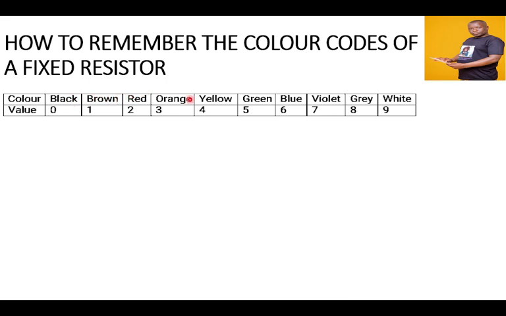So how can you easily remember these colors? Like, you tried in Form 1 or Form 2 to remember the colors of a rainbow using Roy G. Biv. Yes, the 7 colors. You can use the same mnemonic to arrange the names of the colors of a resistor.